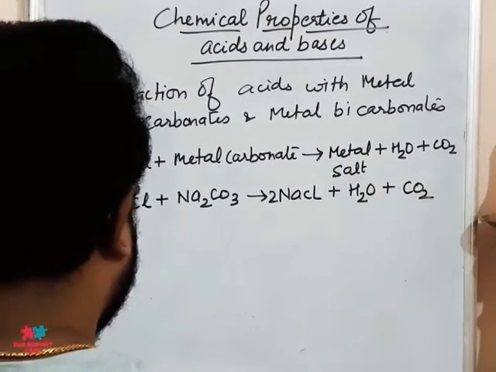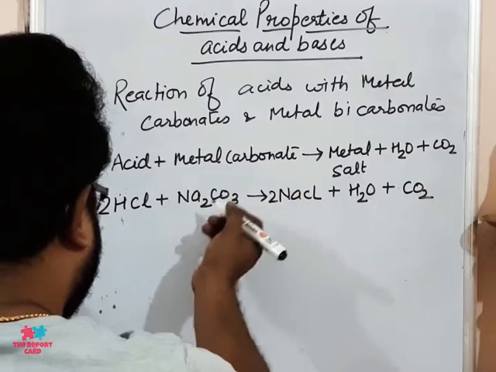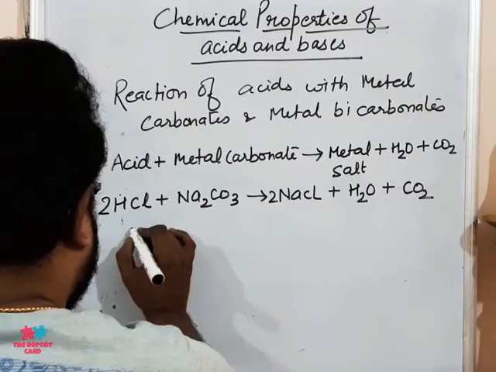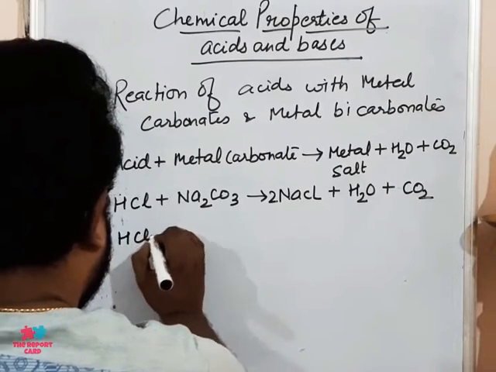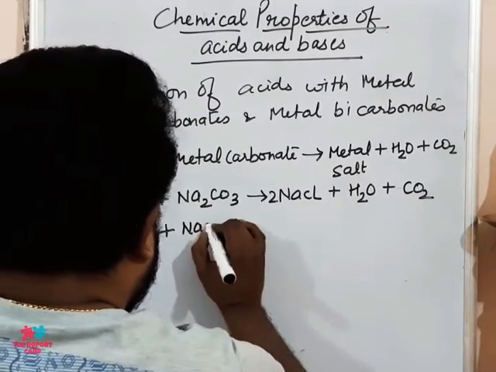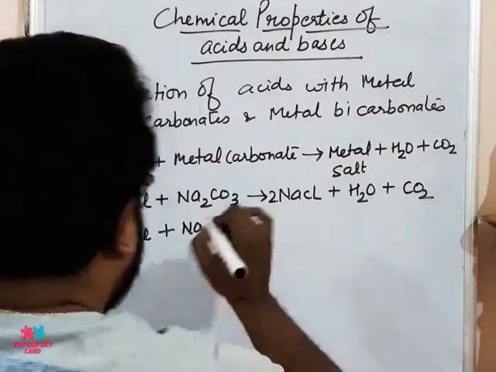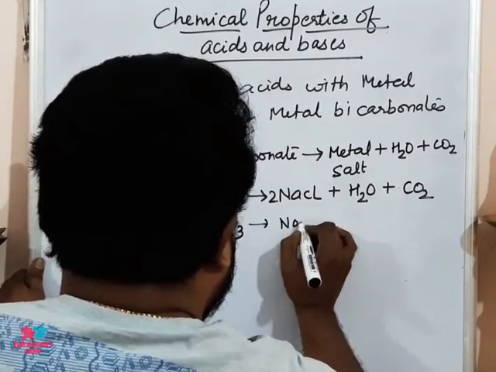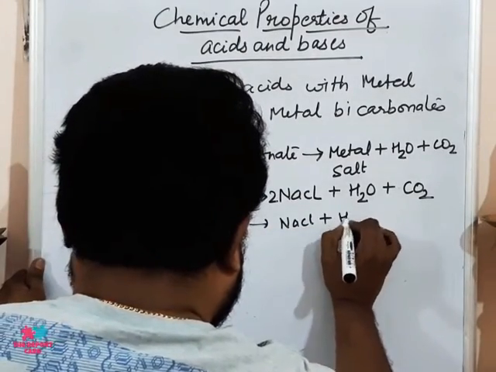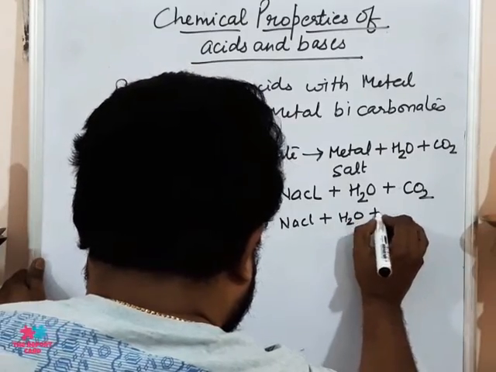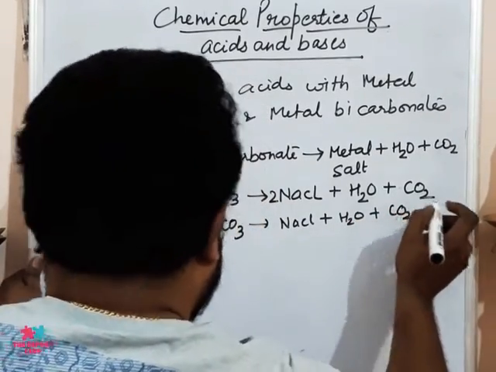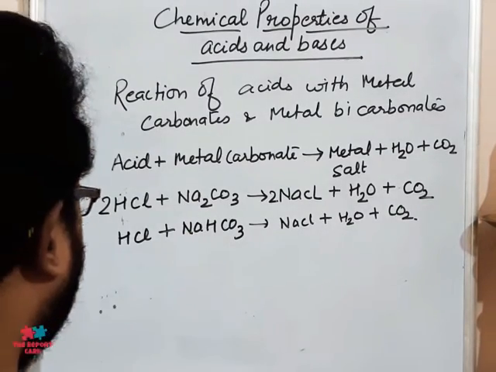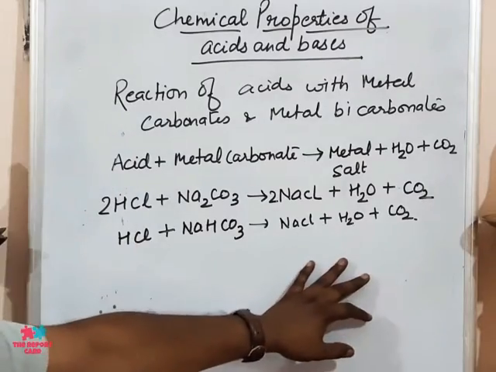Similarly, I can give you another example of metal bicarbonate. Let me say HCl plus NaHCO3, sodium bicarbonate. Again what is going to form? NaCl plus water plus carbon dioxide. This is sodium bicarbonate, the baking soda. So you can see the same sort of reaction happens. Clear?